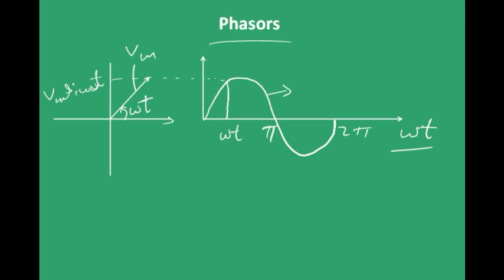So whatever phasor you have, the magnitude of it will be the maximum value of that particular varying quantity, and the perpendicular component or the vertical component will give its instantaneous value. The phasor will be rotating with the angular velocity omega in the anti-clockwise direction.